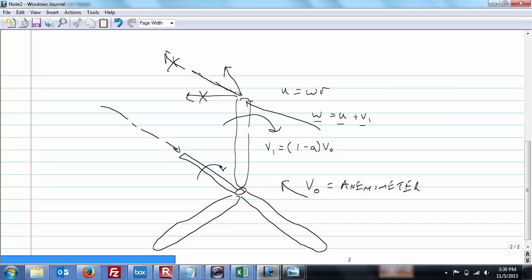So in this case, to get W, which is this big guy right here, V1 is going to change directions a little bit, but that's okay.